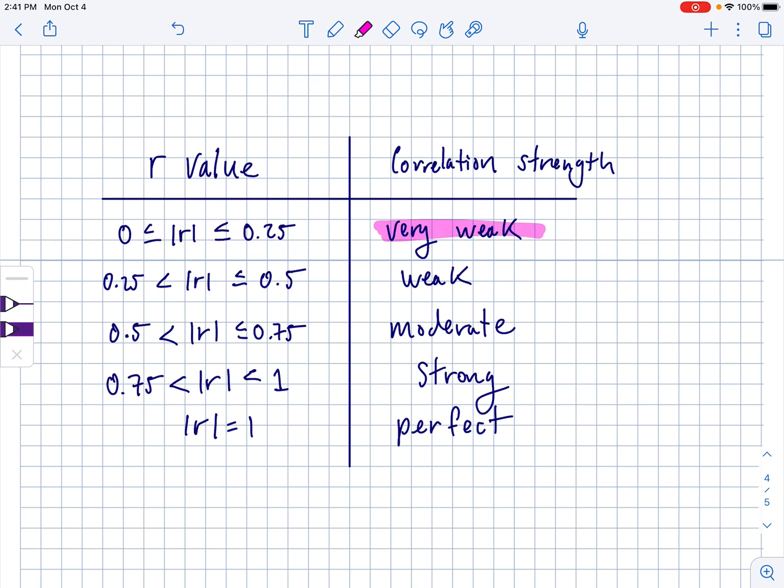If you take the absolute value of the Pearson's, if it's between 0 and 0.25, that's very weak. If it's between 0.25 and 0.5, that's weak. If it's between 0.5 and 0.75, that's moderate. If it's between 0.75 and 1, that's strong. And if R is perfectly equal to 1, then it's perfect.